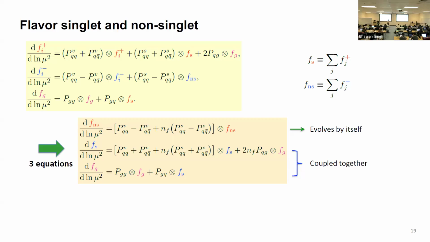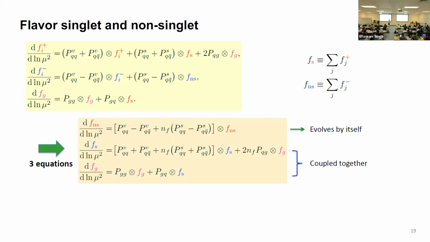So this factor is very easily missed. And for the second equation, if you sum over the flavor i, you get the non-singlet combination for the left-hand side and the first term. And the second term just gives you a factor of N_F. So you get this equation. And the last one is unchanged, it's the same. So now with the singlet and non-singlet definitions, we see that the first equation, the non-singlet combination, only evolves by itself.